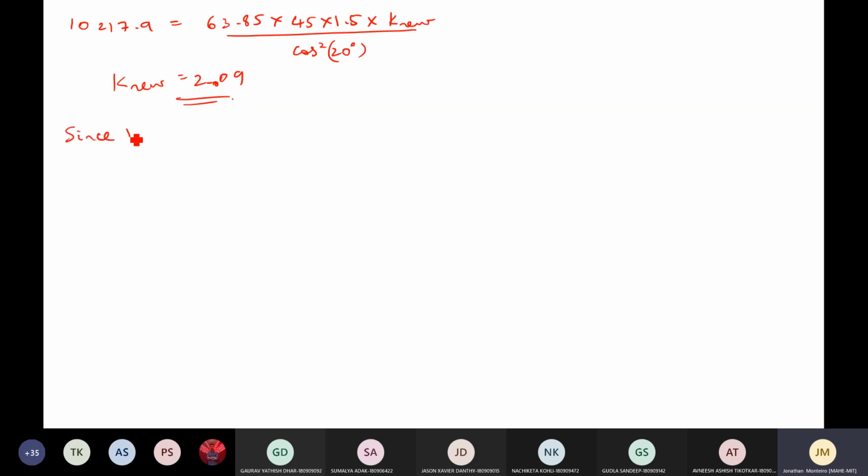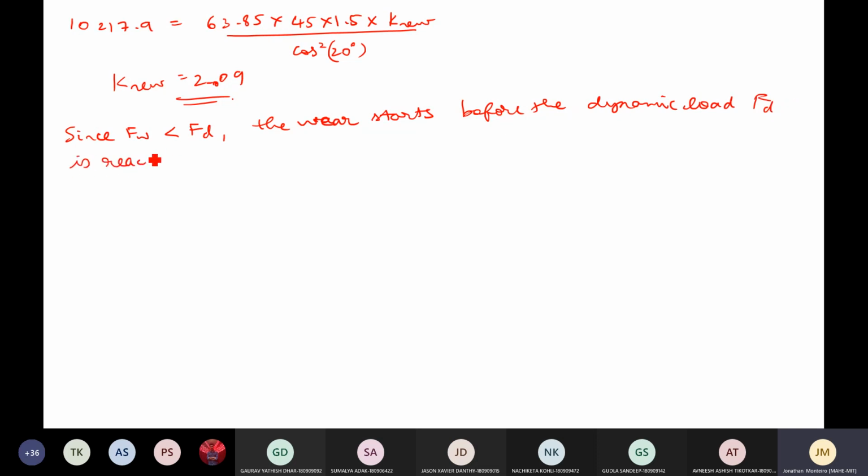Then you can write the conclusion. Since FW is lesser than FD, the wear starts before the dynamic load FD is reached.